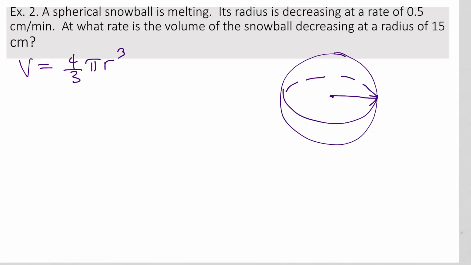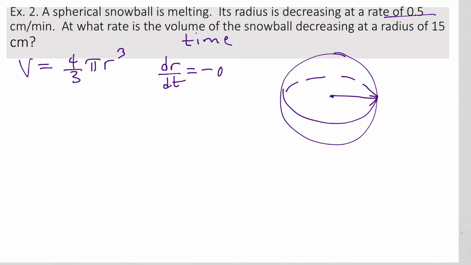And we're told that the radius is decreasing at a rate of 0.5 centimeters per minute. So once again, the independent variable is time. So we're differentiating with respect to time. So that means I could say that dr/dt, the change in radius with respect to time, is decreasing. That means it's negative.